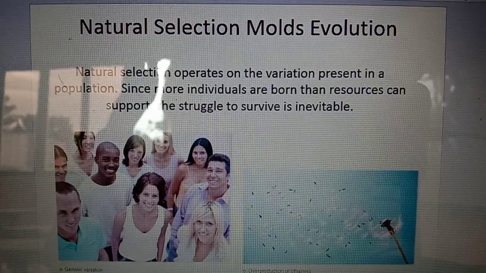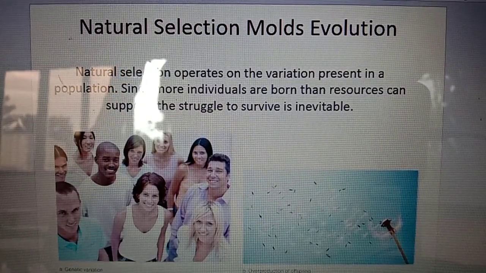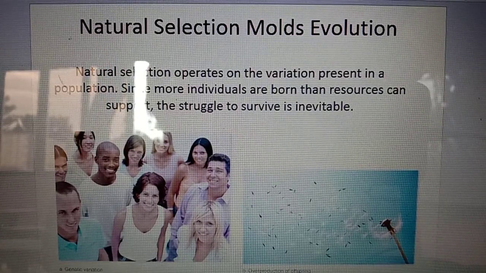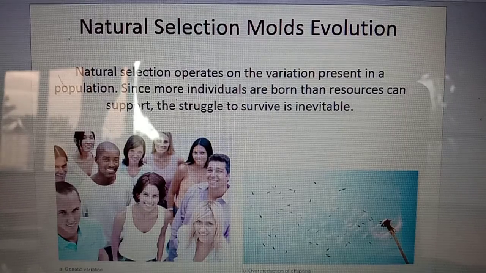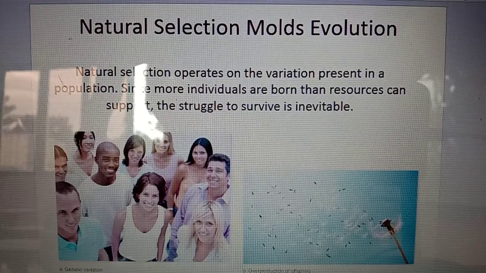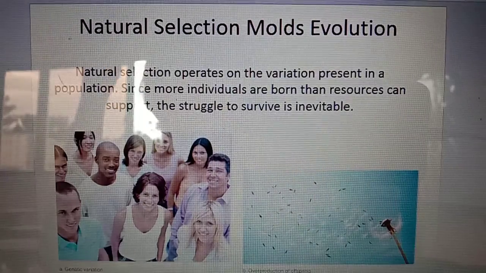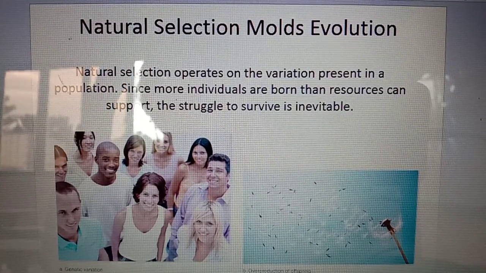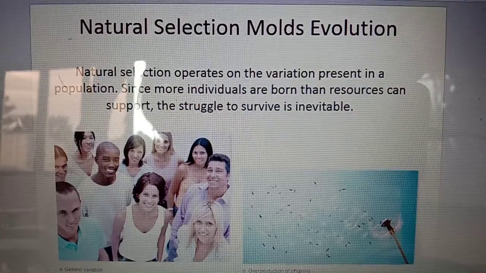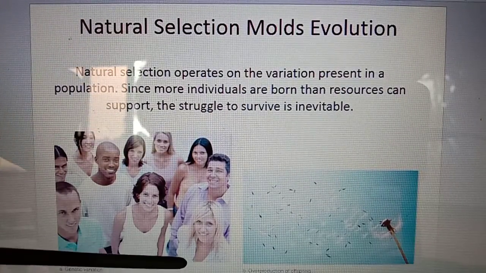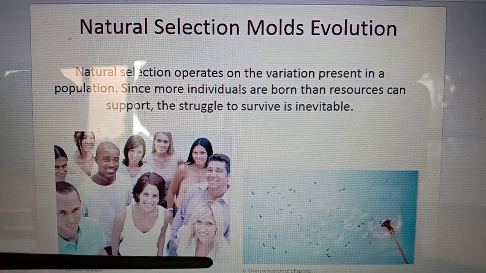How about in humans? Natural selection operates on the variation present in a population. Since more individuals are born than resources can support, the struggle to survive is inevitable. Okay? So you can see here the picture. Some hair is curly. Some is straight and blonde.